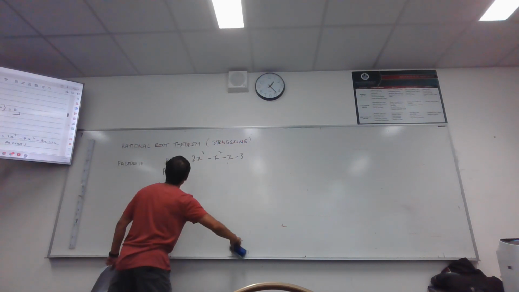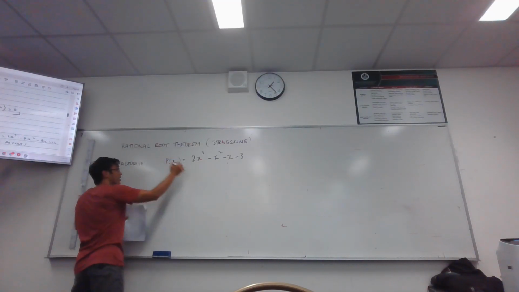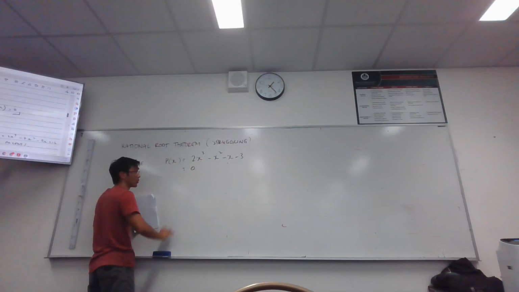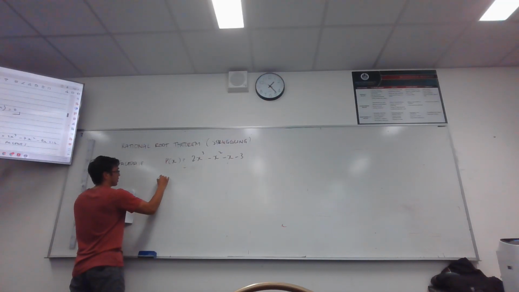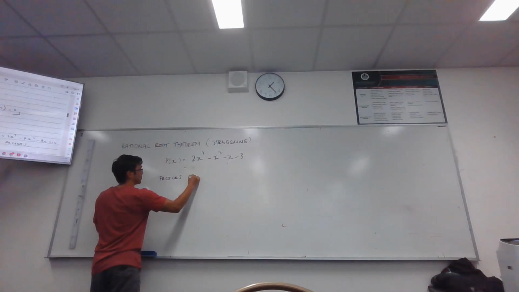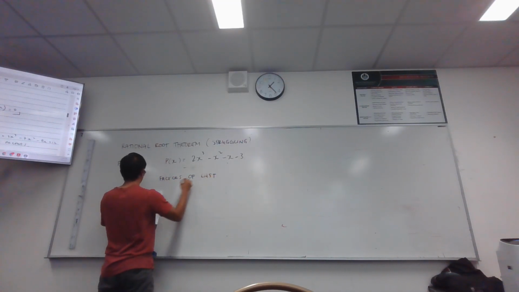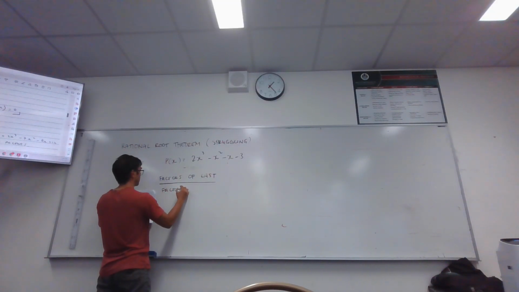But this is the clue. This is what we do when we're stuck. We're trying to find out what goes in here to get a 0. That's what we're after. You will get the factors of the last number, and we're going to divide it by the factors of the front number.